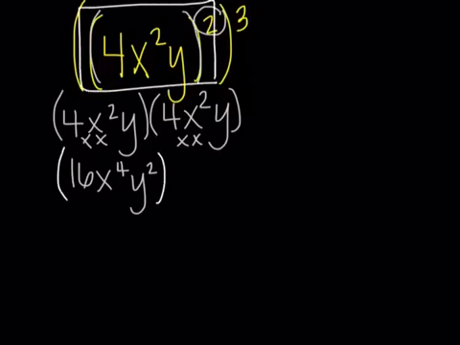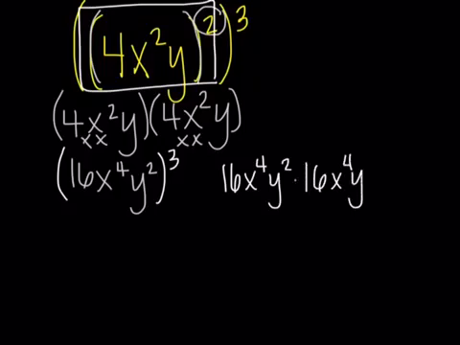Then, really, I'm taking this to the 3rd power. So, 16 x to the 4th y squared times itself 3 times. 16 times 16 times 16, I would allow you to write 16 to the 3rd power.